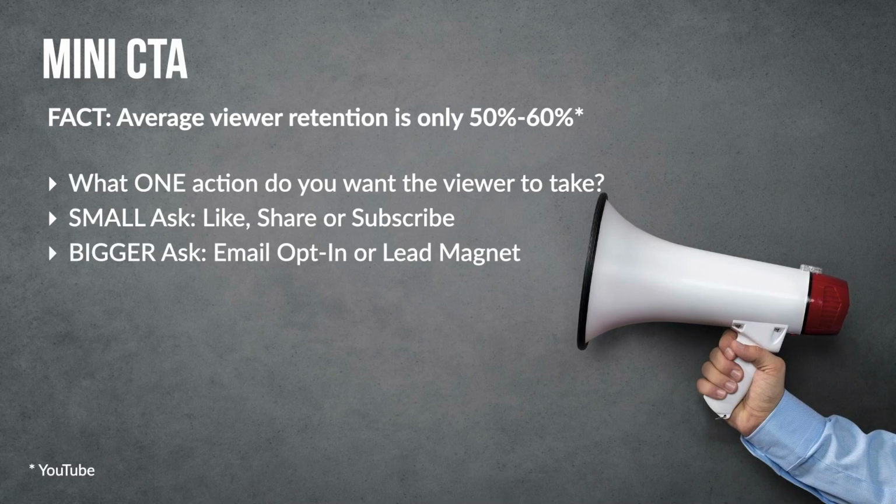You could put a bigger ask in here. So for example, using the engagement of your video, you could say, you can download my cheat sheet where I give you these 7 tips, and therefore the call to action is earlier. All right, because we know that people are not going to watch till the end.